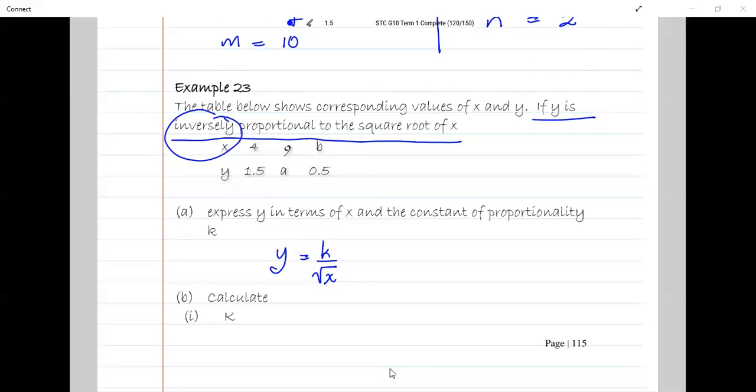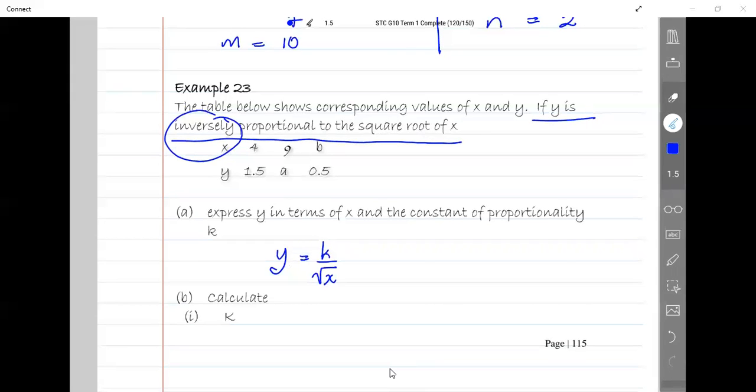B is asking us to calculate the value of k. To calculate the value of k, we need values of what? Of x. So let's go to the next page because it's sort of tight down here. So we have y is equal to k over the square root of x.